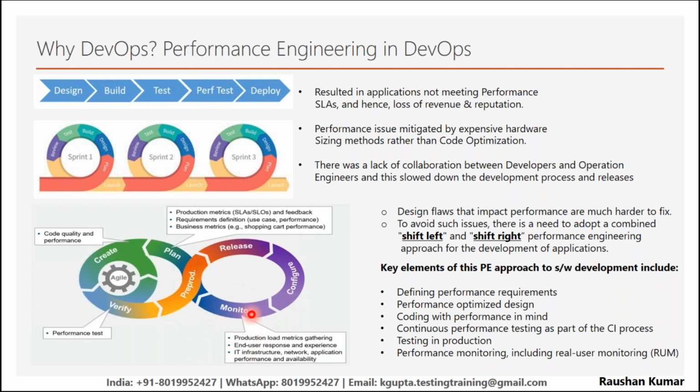Depending on the feedback from what we monitor, we can integrate here as a performance engineering group. We can give our feedback to the development group again, and if there are any flaws in the design or our development code, we can fix that. So it's not like we build this application and then we test it. It's a continuous process.